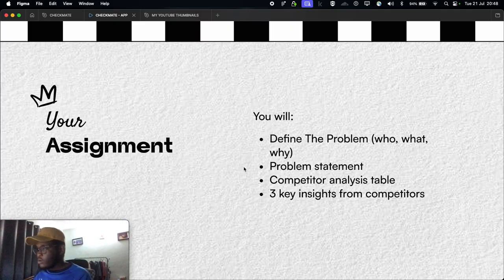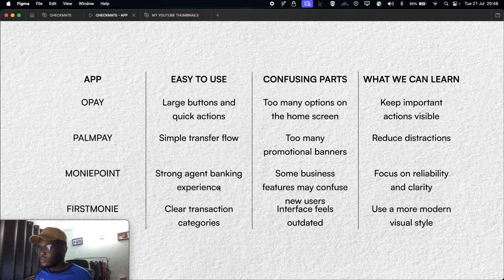So I want you to create the problem statement and the competitor analysis table. From this, I want you to research who the competitors of this product are, and list maybe 3 of them. Then do the same thing I did in this one, where you list 3 different apps, list what is good, and what may be the confusing part for users.